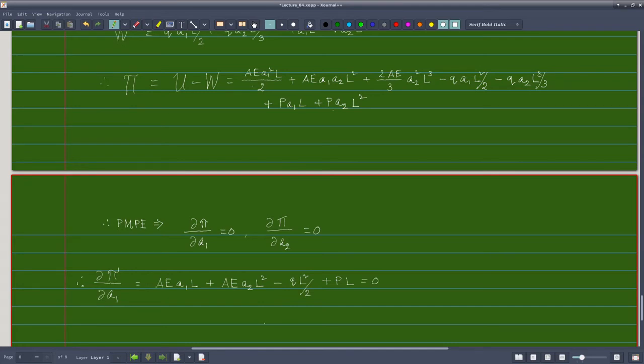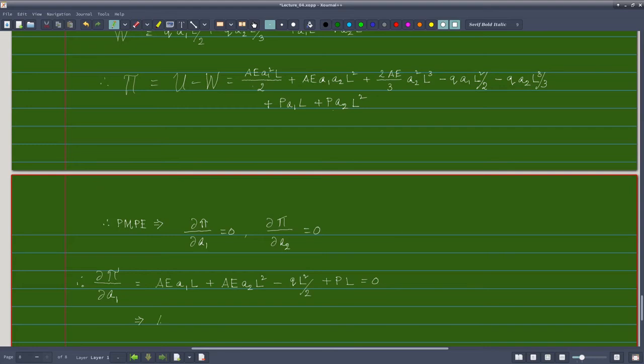Is that right? And that means I need to solve for A1 and A2 from this equation. Therefore I will keep the terms containing A1 and A2 in the left hand side and take the other terms in the right hand side.